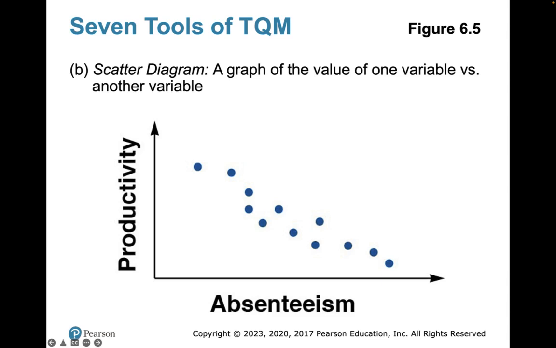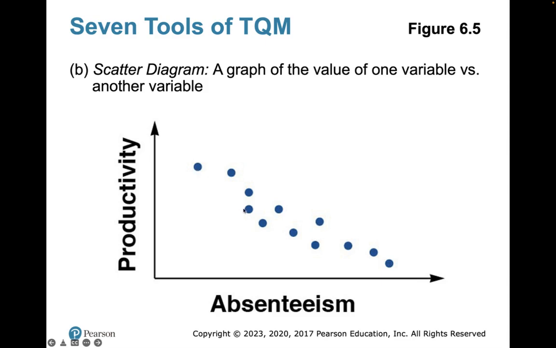So one example is the scatter diagram, and this is helpful if we're comparing one variable to another. So here we're comparing productivity to absenteeism. Ultimately we're trying to see if there's any connection here. It seems like, based off of the scatter diagram, that when there's the least amount of absenteeism, we have the highest level of productivity.